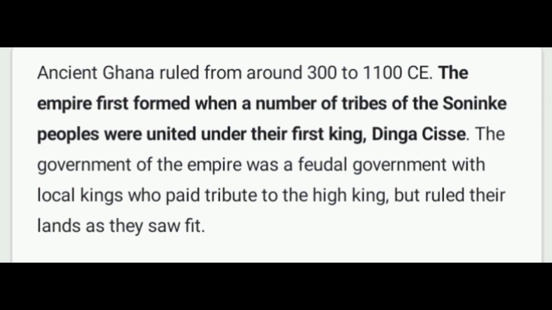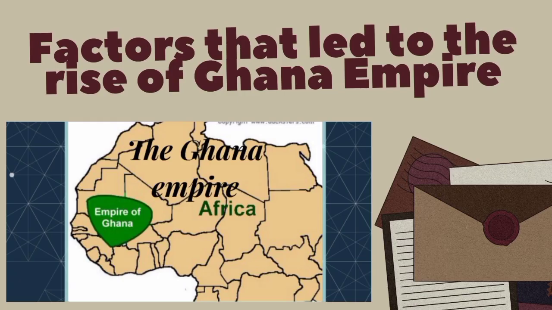It was believed that the first king of Ghana Empire was Dinga Sise. Having known that, we also talked about the social structure and the political structure of Ghana Empire. But today, properly, we'll be looking at the factors that led to the rise of Ghana Empire.